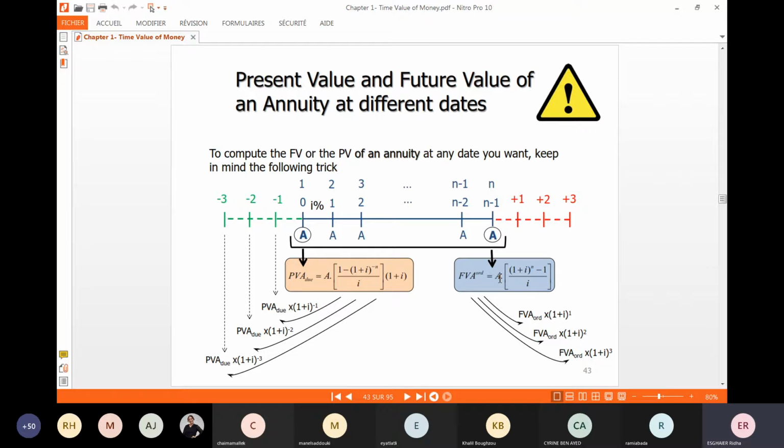It's simply the number of A's. It could be the date, it could be n minus 1, could be n plus 3. The n, the power, is not the date, is not the year, it is the number of A's. How many A's? This is why in the formula of the annuity, n doesn't change. Always n refers to the number of deposits.